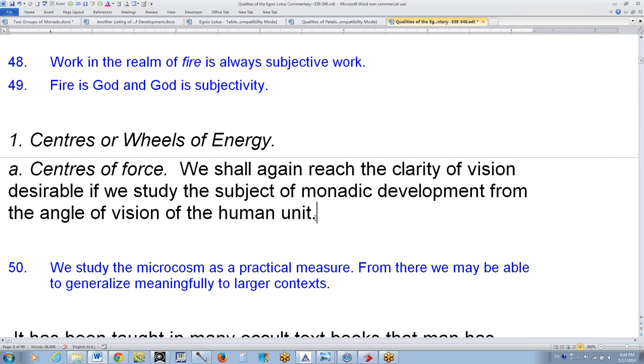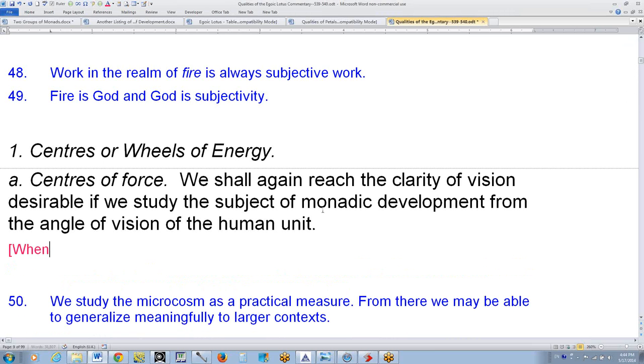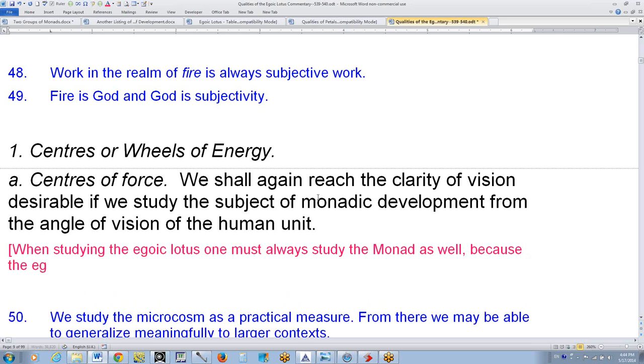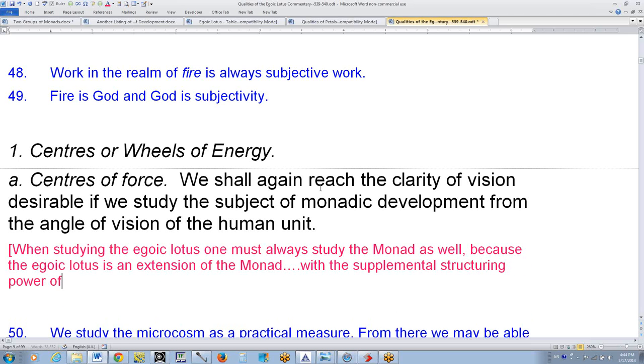And I just want to say that when studying the Egoic Lotus, one must always study the monad as well, because the Egoic Lotus is an extension of the monad with the supplemental structuring power of the solar angel.